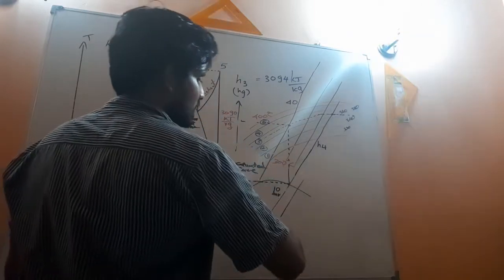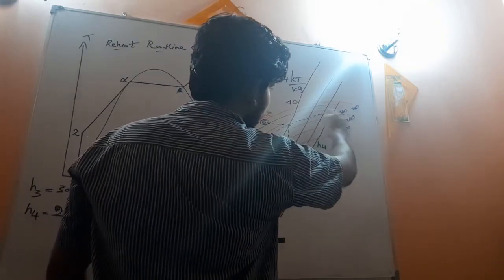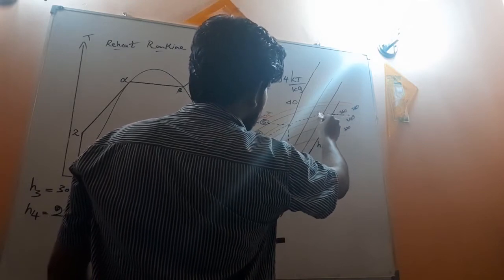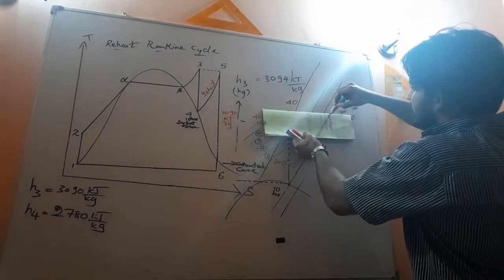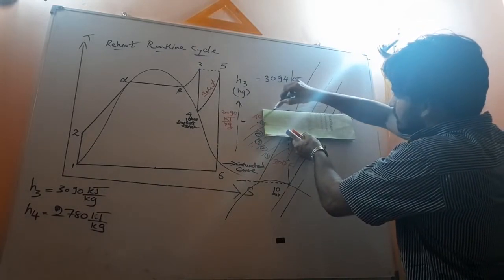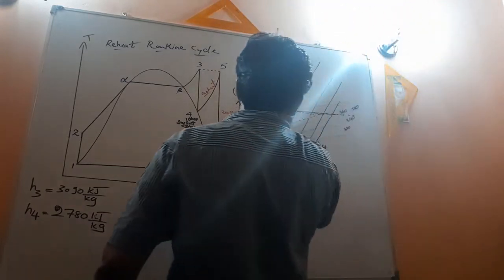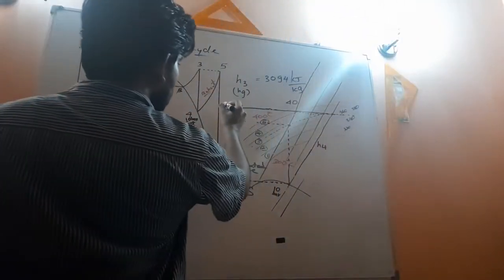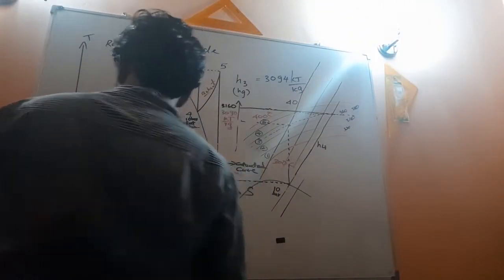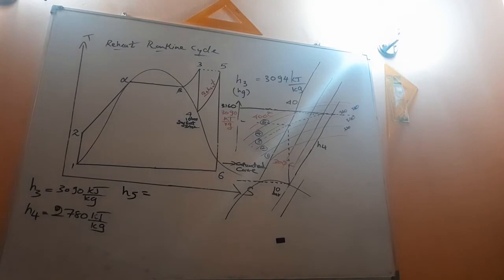That means the intersection of 10 bar and 350 degrees Celsius, if you project this horizontally from the HS chart, that value I found as 3160. So what is that? H5.